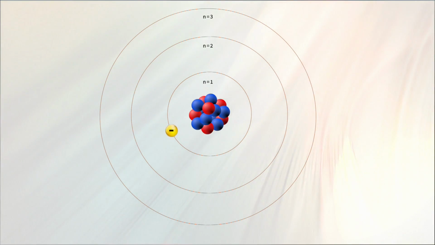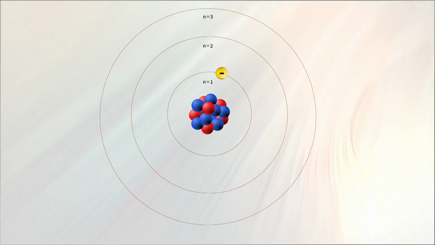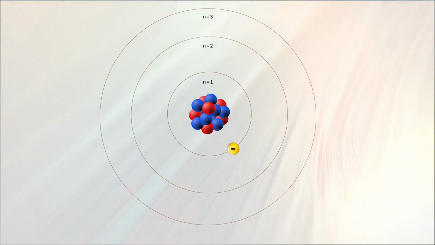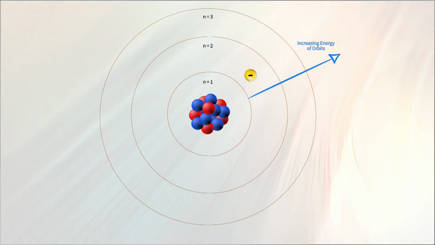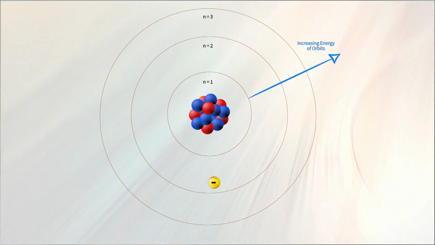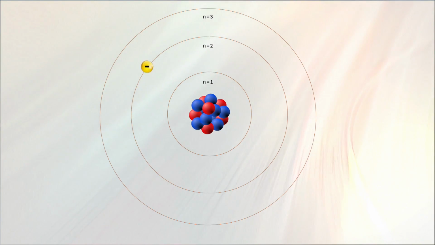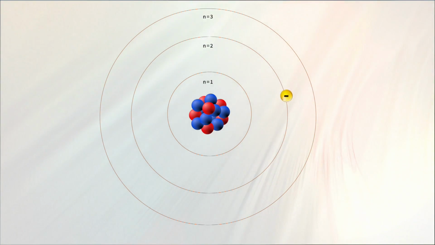Now, when you take any of these atoms and heat it up, the atoms are going to absorb the heat, and they absorb the heat by those electrons expanding their orbit, orbiting at a greater distance from the nucleus. But those electrons don't want to be that far from the nucleus. They're going to want to go back to their original natural level.